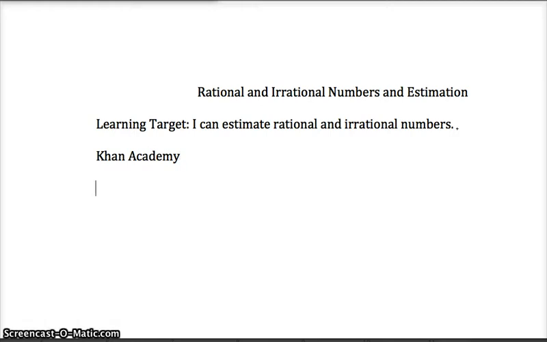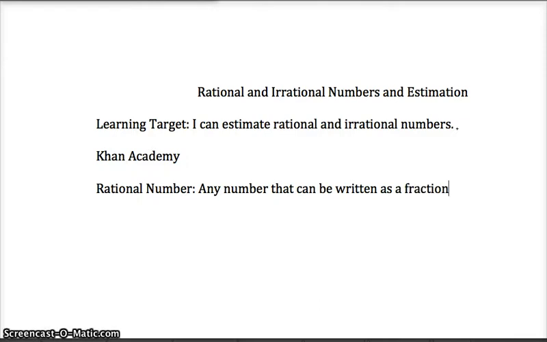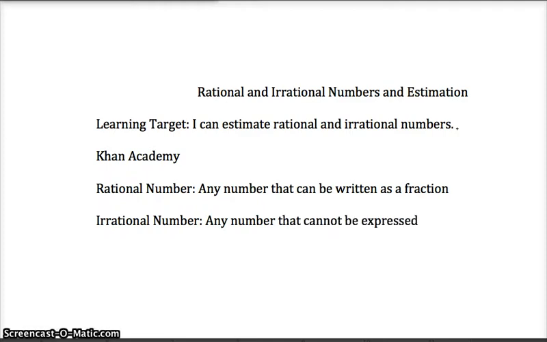So if you remember, a rational number is any number that what? See if you can think of it in your head. All right, so if you said it's any number that can be written as a fraction, you are correct. And then an irrational number is any number that cannot be expressed in fraction form.